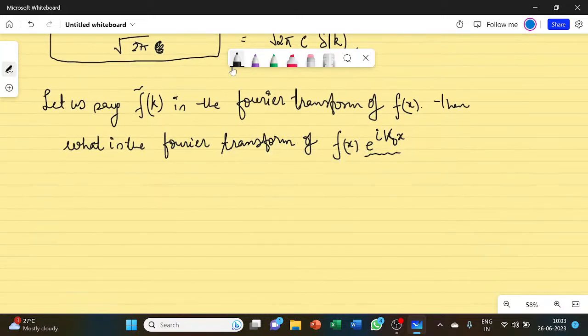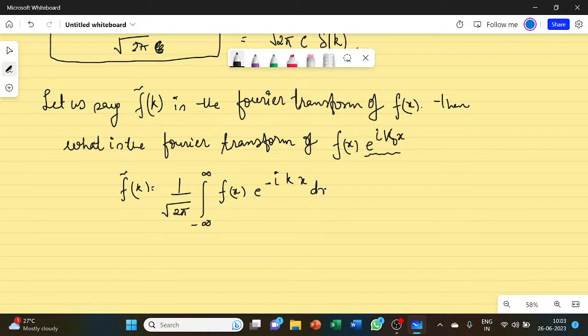Now you see, f tilde k, I can write as 1 upon root 2 pi integral from minus infinity to plus infinity of f of x e to the power minus iota kx dx.